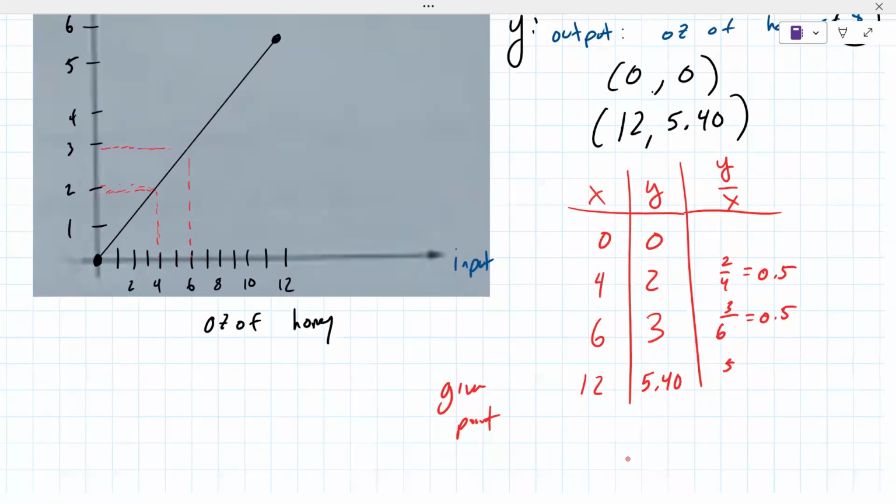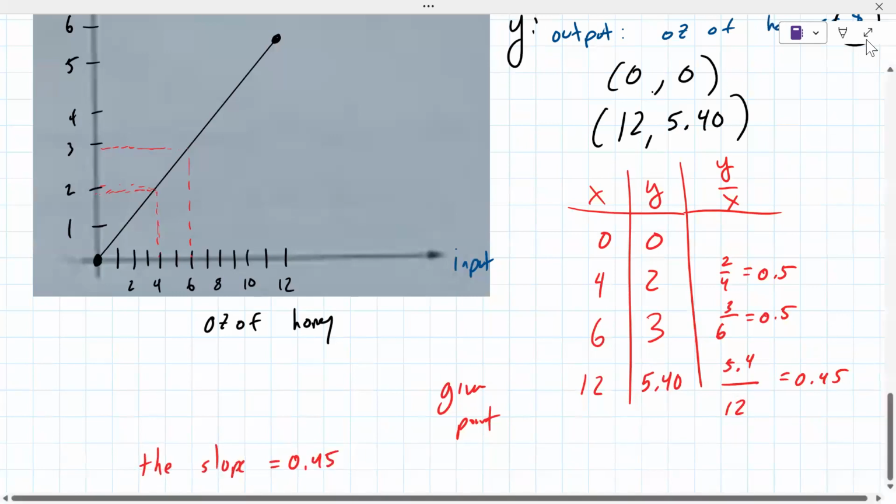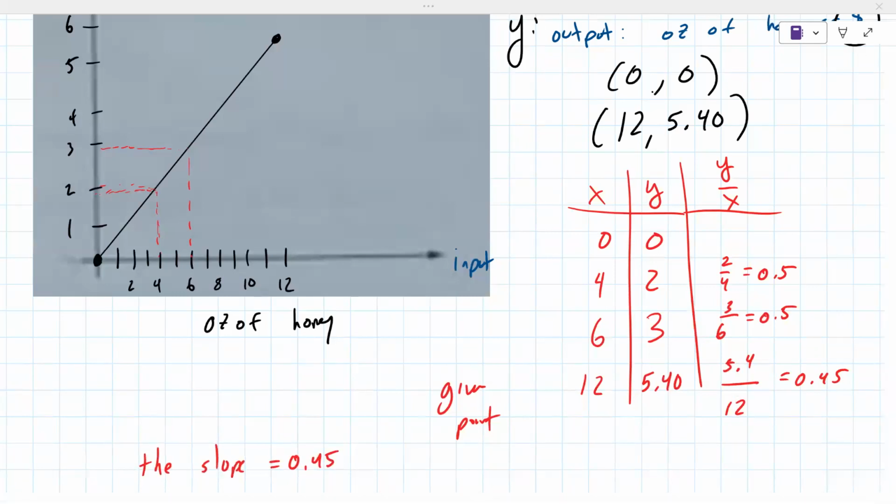So can you go to your calculator and do 5.4 over 12? 0.45. 0.45, good. So that is the slope. The slope is 0.45. And so we can answer this first question real quick.